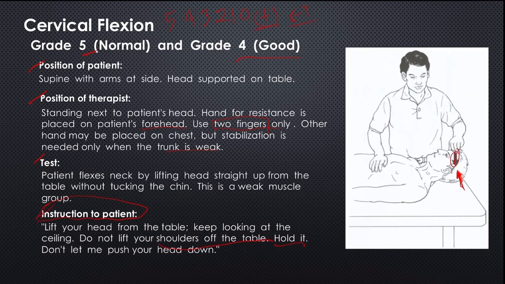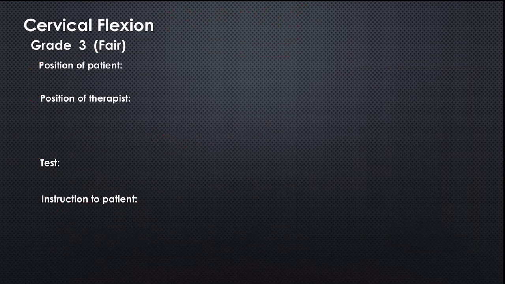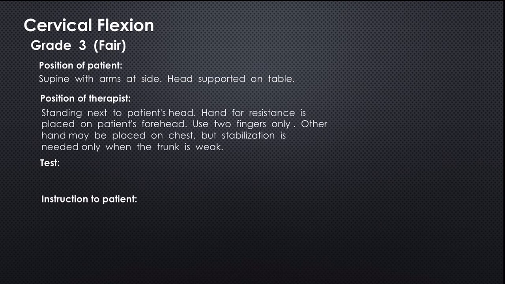So let's proceed to 3. Same, but grade 3 is fair. I have a mistake in here, because there should be no resistance for grade 3, and there should be no fingers used to apply resistance. Because if we recall the components of the MMT, we have the range of motion, ROM.